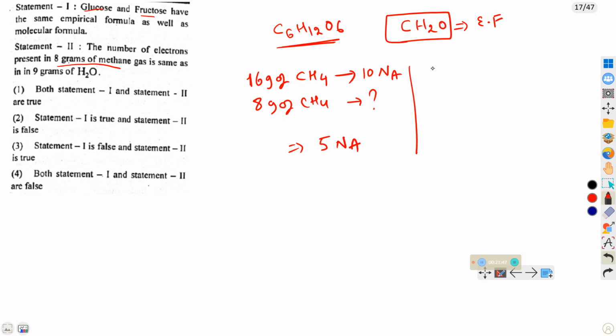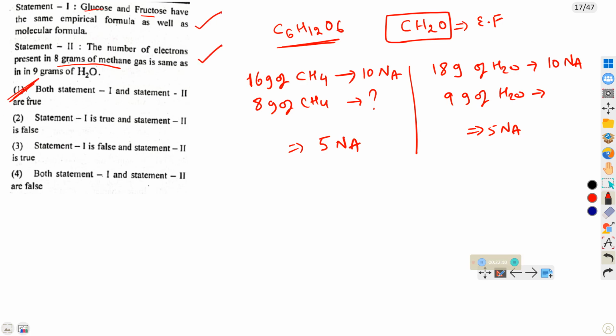In the similar way, 18 grams of H2O contains 10 into Avogadro number of electrons. Then 9 grams of H2O contains how many electrons? This is also 5 into Avogadro number only. Based on this, both the statements are correct.